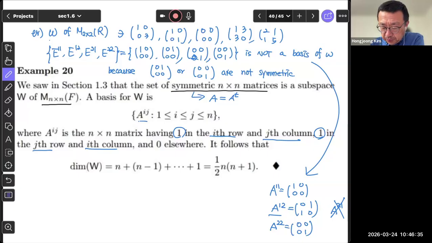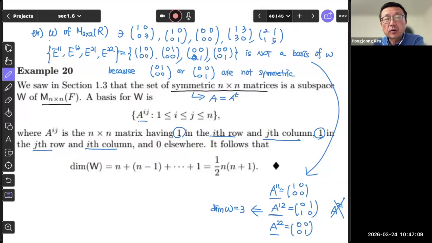You can show that any vector in W, any symmetric matrix, can be written as a linear combination of these three matrices, and you can easily check that they are linearly independent. So the dimension of W, when I consider M sub 2 by 2, will be 3.